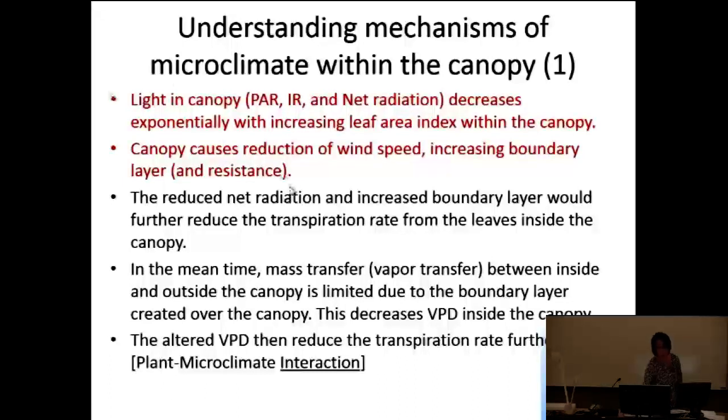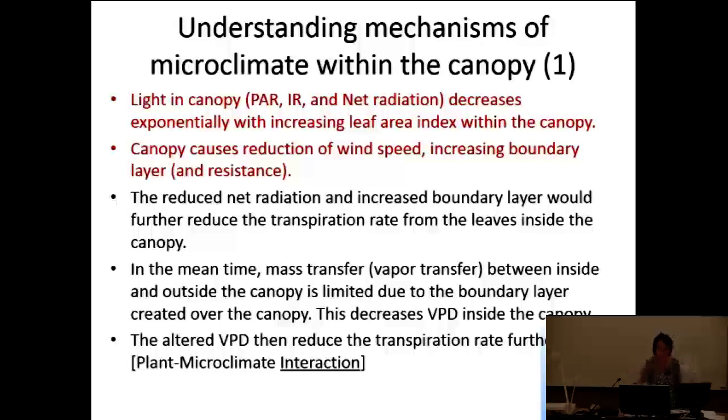And then also the canopy, because of the community of plants growing in the same area, as a macro scale, restricts the gas exchange between inside the canopy and outside the canopy, because there is a boundary layer, and also the canopy itself has a resistance.